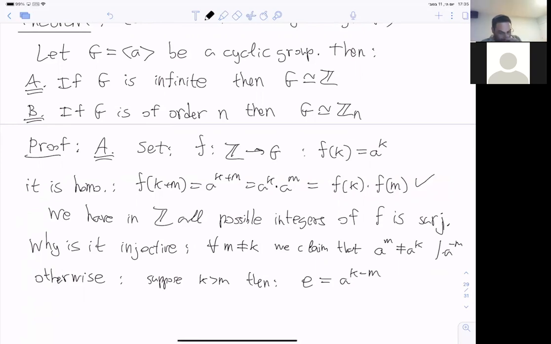But the order of a is infinite. I mean, we can write it like this: if a^k equals a^m, then, okay, this is better.